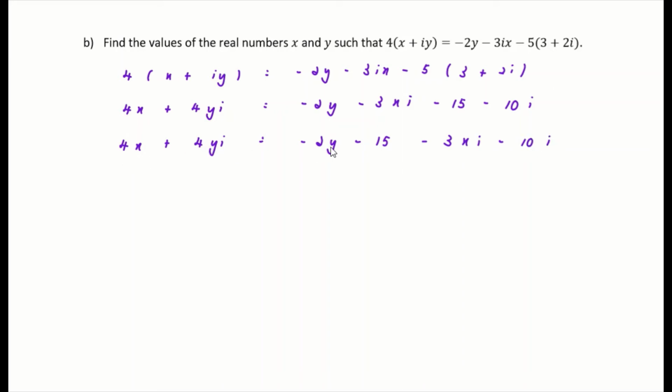If the left hand side and the right hand side are the same, the real parts must be the same, so my first equation is 4x equal to negative 2y minus 15. Then my second one is 4y equal to negative 3x minus 10. This is my second equation.